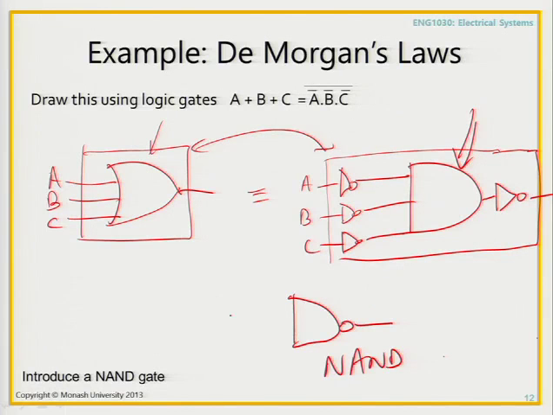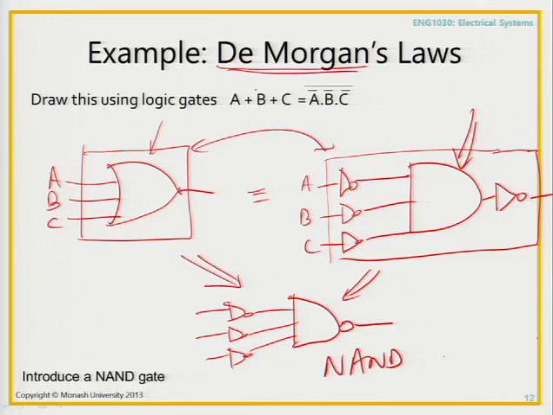And if we just invert all of the inputs, then this is the link between the two gates, which is given by De Morgan's laws. If we implement this result in logic gates, then we can turn this into a NAND gate, and the NAND gate gives you exactly the same output if we invert all the inputs.